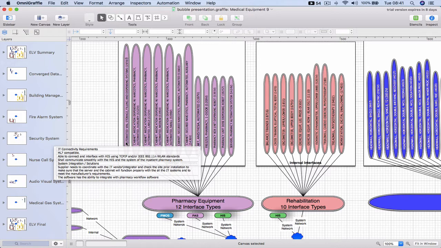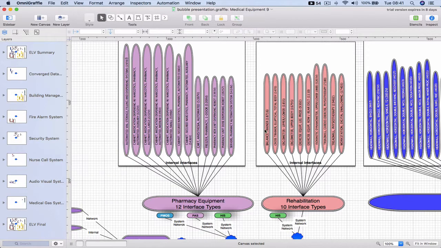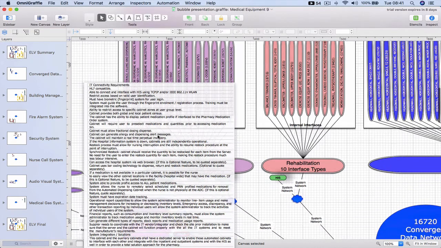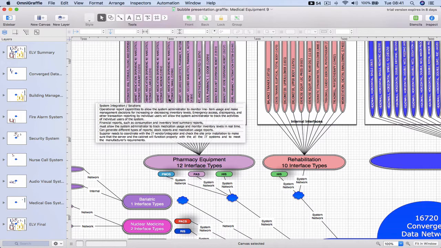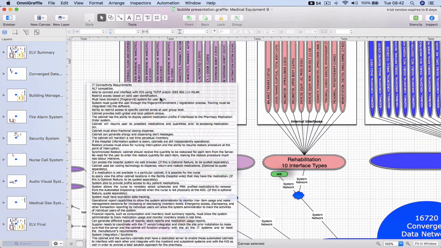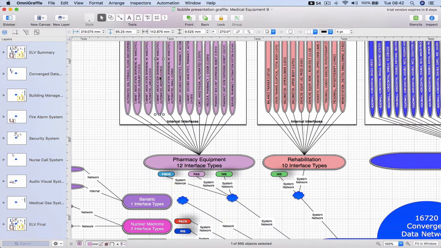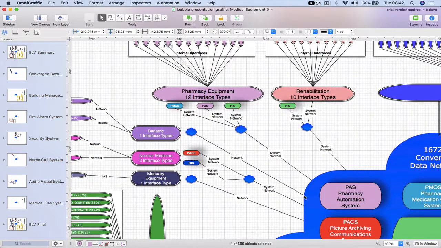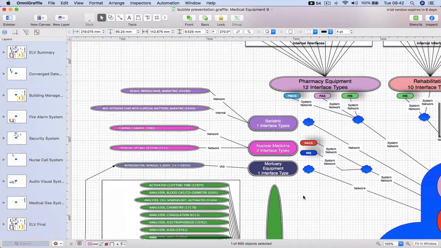Okay, so this type of bubble is very useful, especially when you have a lot of interfaces identified. Some have more, some have less. And you can see all those operational requirements they put there for this system here, which was your cabinet detection system, because they don't want people stealing their drugs.